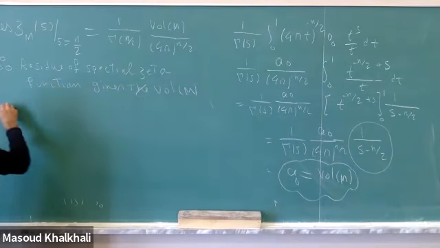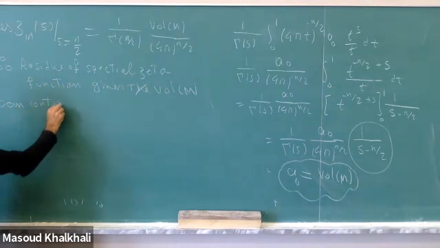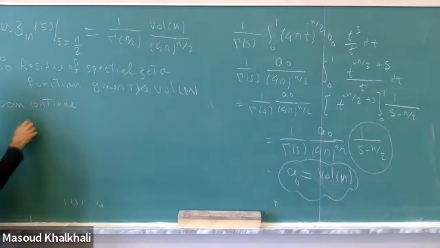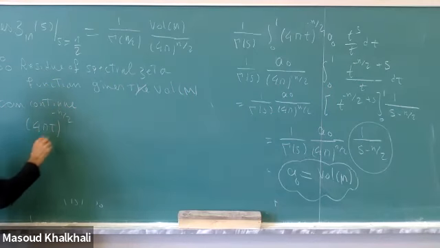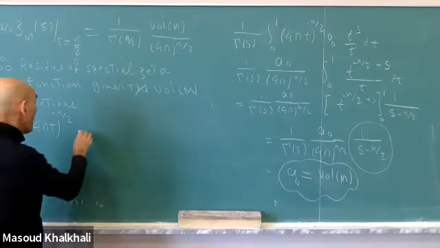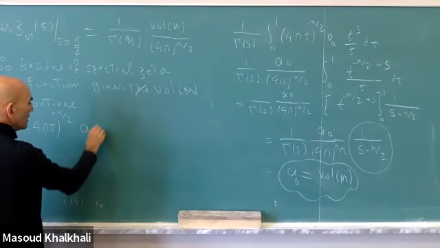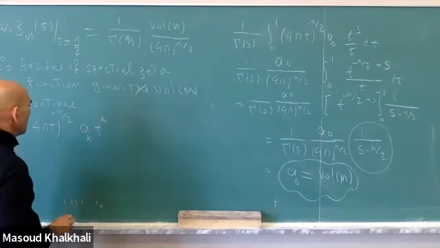So we can continue. We have this term, 4 pi t to the power minus n over 2, it was like ak t to the k.